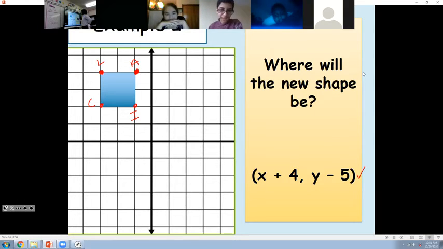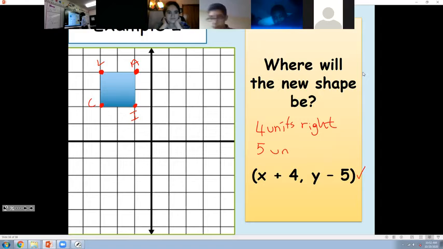Now let's move it. Every guy's corner, you see that this is one of the corners, this is the second one, this is the third one, right? And all the corners will be moving 4 units to the right. You can also write this way, 4 units right and 5 units down. Okay, let's do it in order, 4 units right.